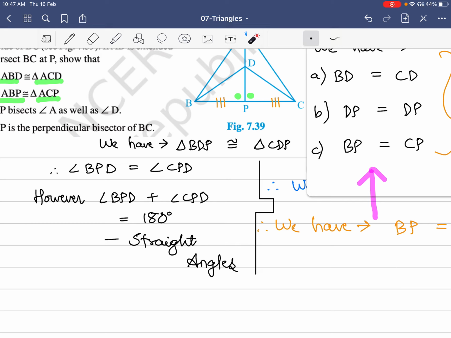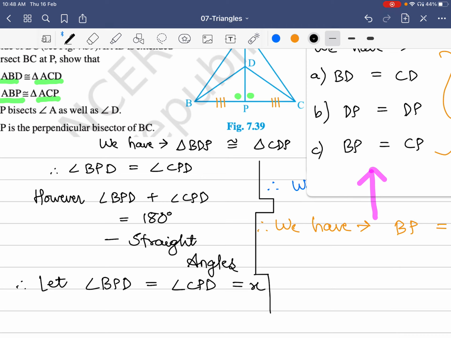So this is my straight line BC, and this is one line on that BC horizontal line. So these two angles, no matter what, their summation will be equal to 180 degrees. So BPD plus CPD is equal to 180 degrees. However, BPD is equal to CPD. Therefore, let angle BPD, equal to angle CPD, be equal to x.